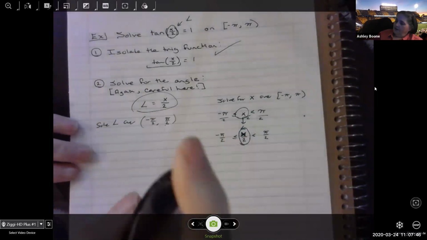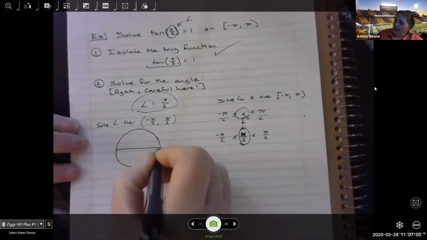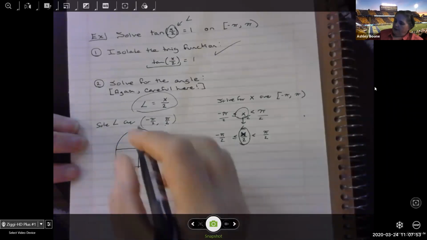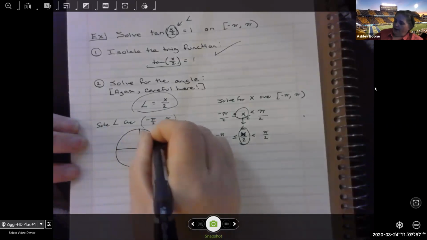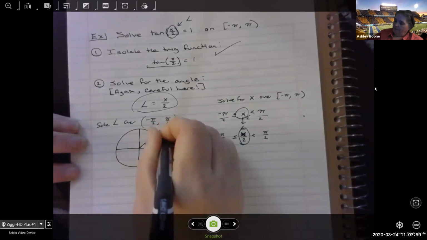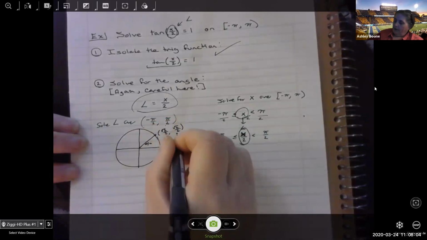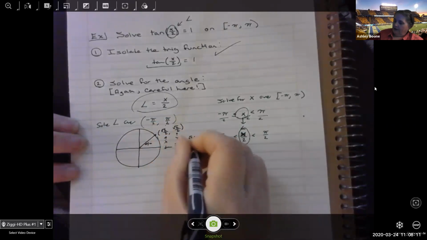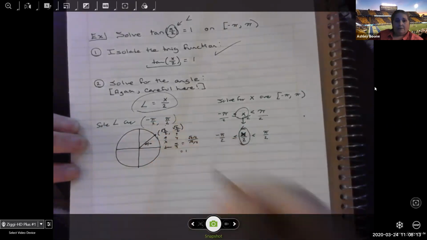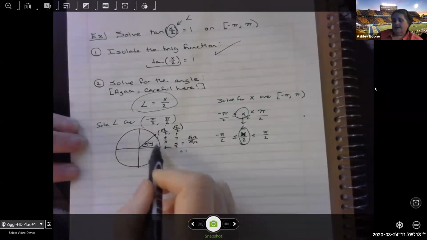If we look at the unit circle, in the first quadrant, it's that angle pi over 4 where your x and y values are the same. So your tangent of pi over 4 is root 2 over 2 over itself, which is 1. It's that pi over 4 angle in quadrant 1 that makes that happen.